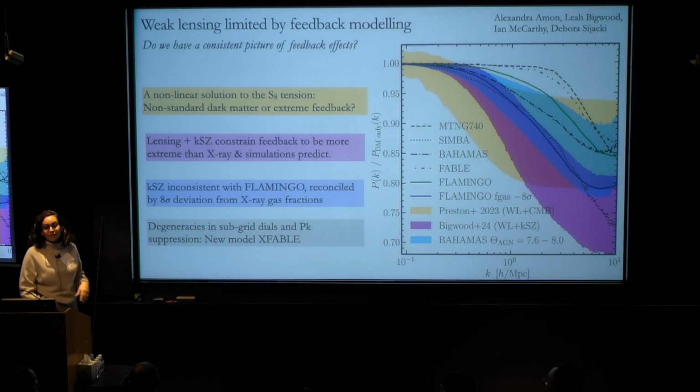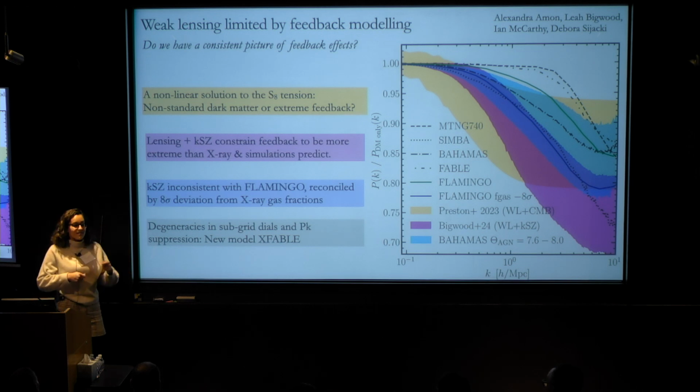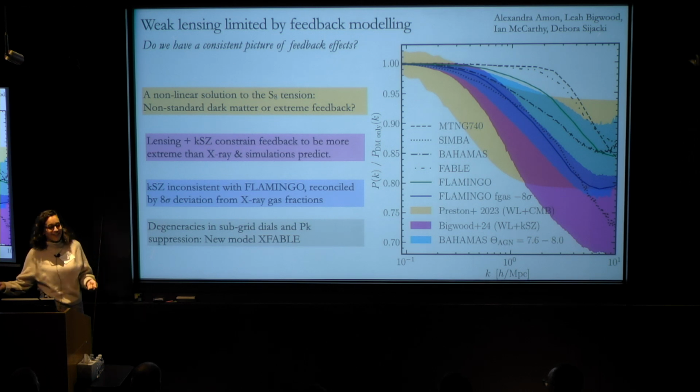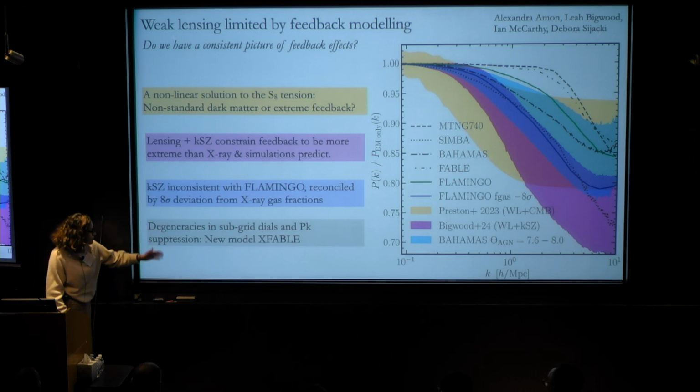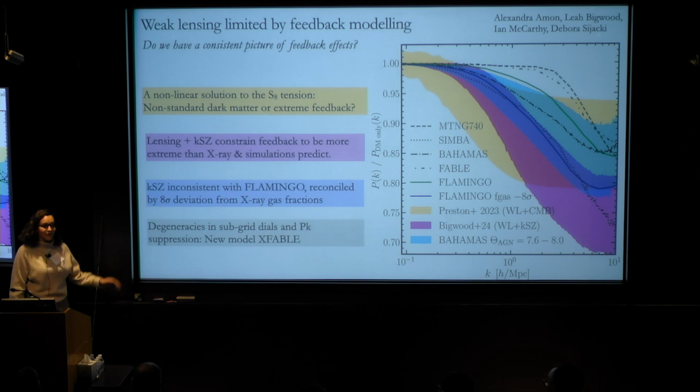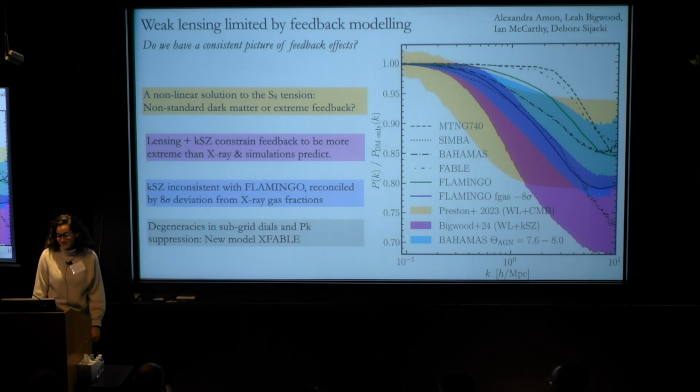And we've shown that in Flamingo, you cannot describe KSE measurements. And if you do, you have to disagree with your X-ray gas fractions by 8 sigma. And finally, we explored in the hydrosimulations: can we get extreme feedback without breaking the X-ray observations? And we're about to release a new simulation called Xfable. OK, thank you.